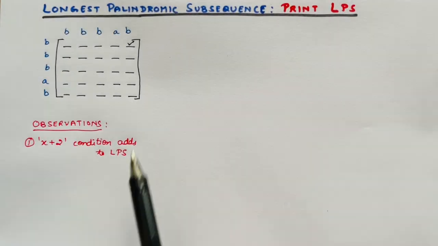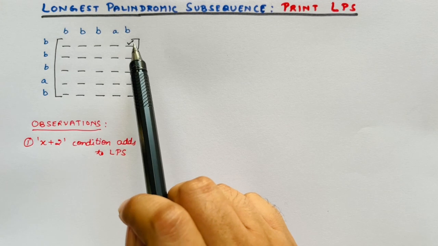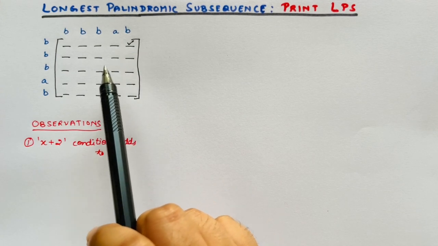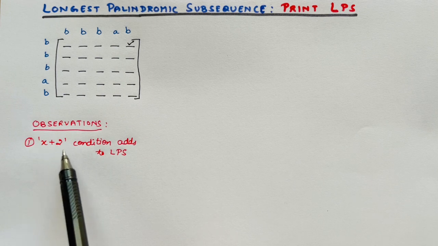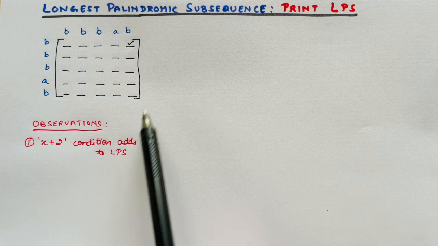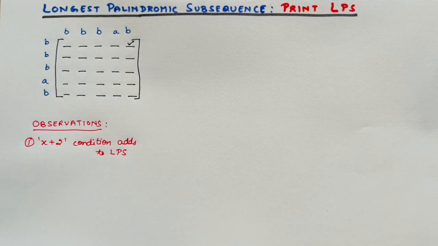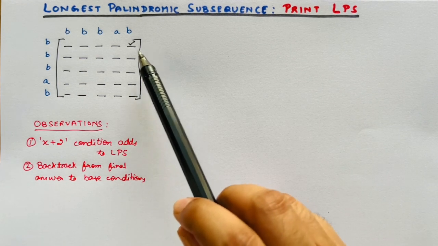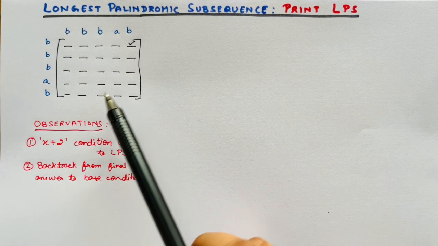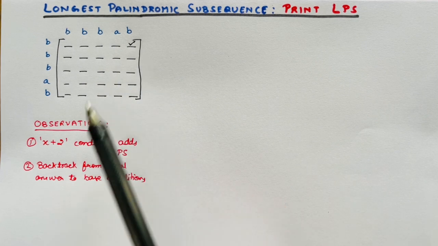That means if we start from our final answer here and backtrack to our base conditions while keeping note of the characters that come during this x plus 2 condition, we should be able to reach our longest palindromic subsequence. So our second observation is that we will be backtracking from our final answer to base conditions in the reverse order.